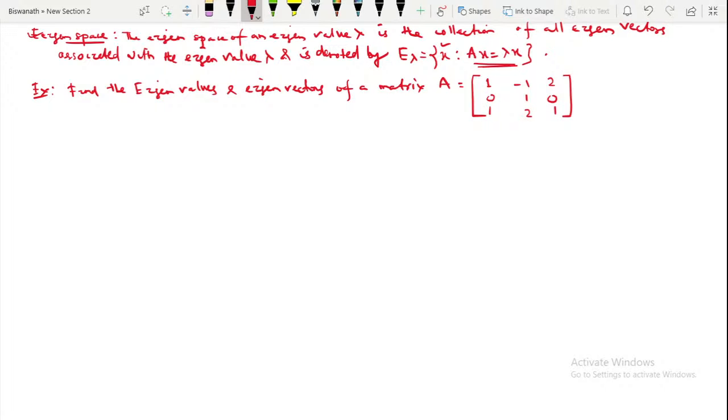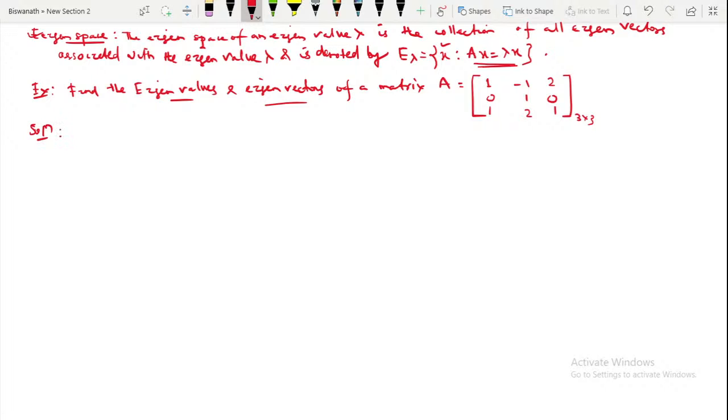This is a square matrix of order 3. Then how we will find its eigenvalues and eigenvectors, and also here we will find the characteristic values and characteristic polynomial.